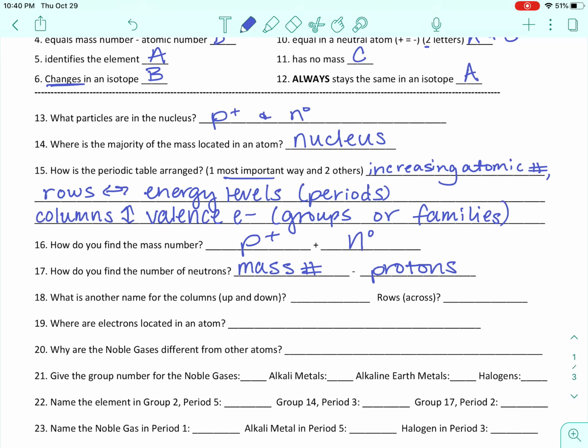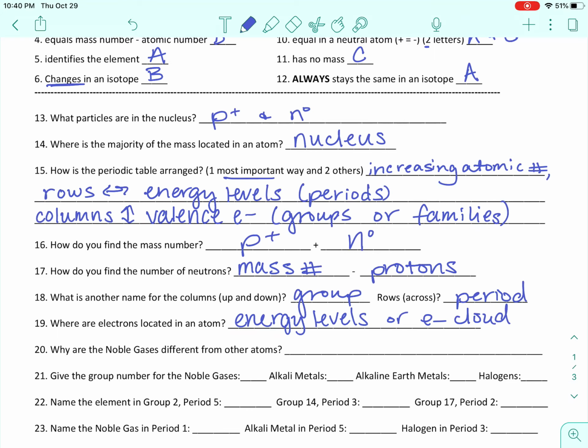What is another name for the columns up and down? That would be group. And a row is a period. Where are electrons located? That would be in the energy levels or the electron cloud, or you could say outside the nucleus.